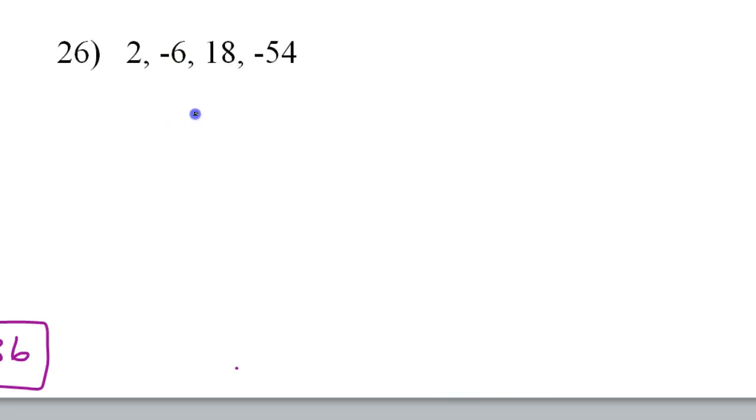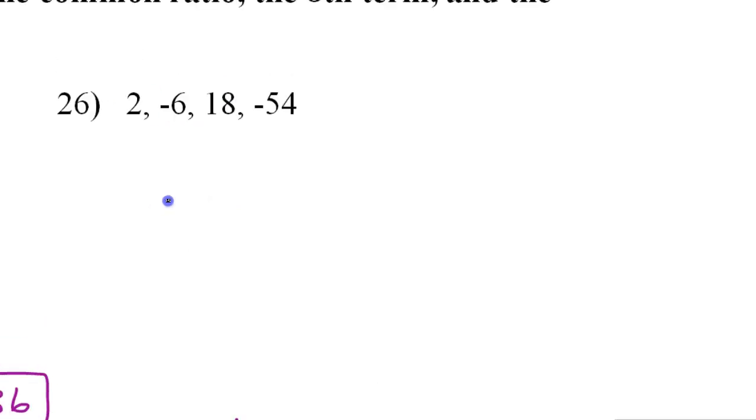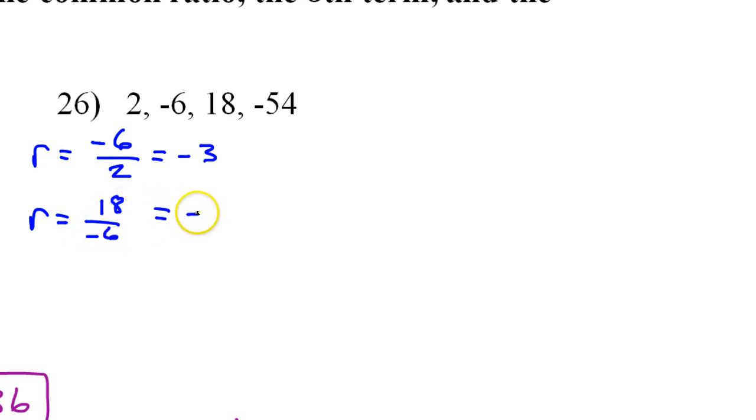All right, number 26, last one. Let's check and see if this has a common ratio at all. Let's see if it's geometric. If it is, we should be able to divide each term by the previous term. This one gives us -3. So far, so good. 18 divided by -6 is again -3.